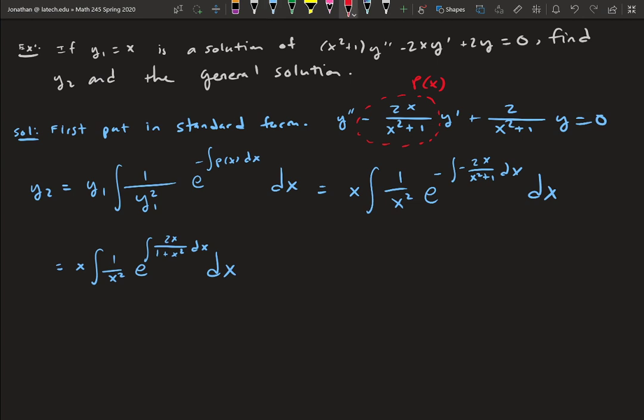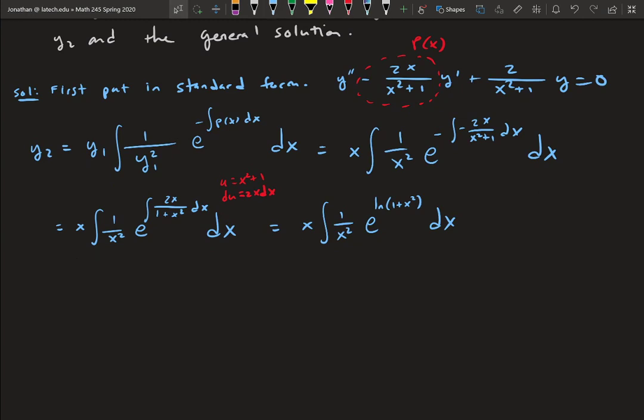Now to do this integral in the exponent, I do a u equals x squared plus 1, du is 2x dx. So this is going to be x times the integral of 1 over x squared e to the natural log of 1 plus x squared dx.